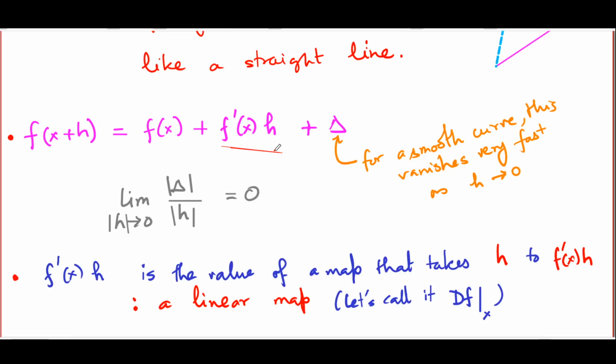It is one of the simplest possible linear maps. It is a linear map from R to R. And what we are going to do is use a rather complicated looking notation for this. We are going to call this df bar x, where the bar x simply means that you are evaluating the differential of f, df, at x.